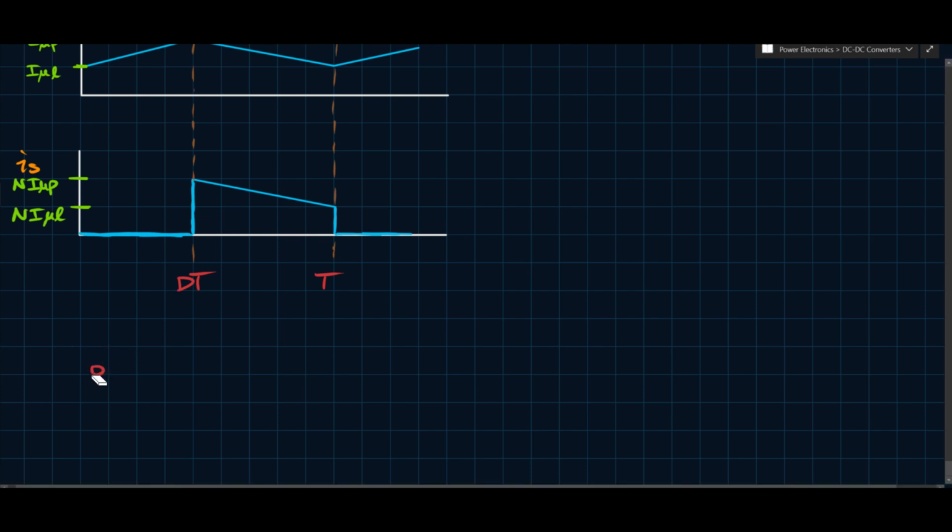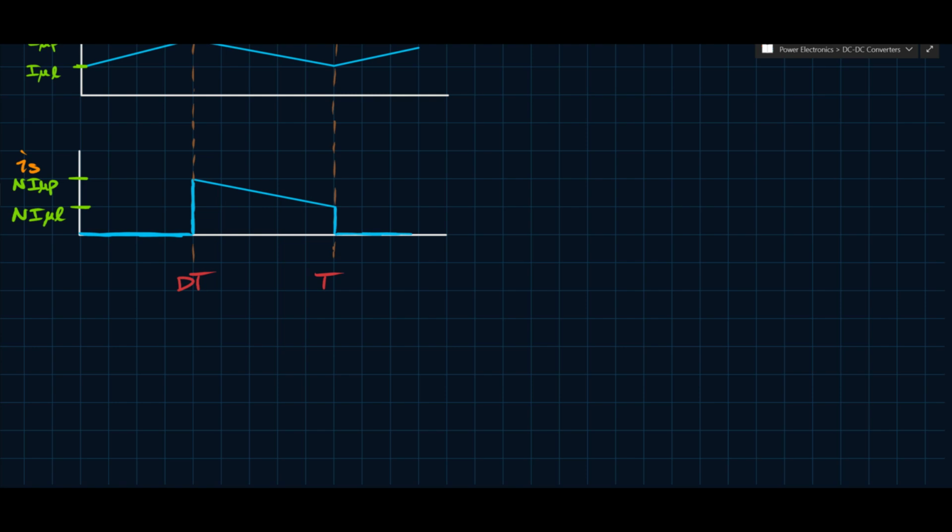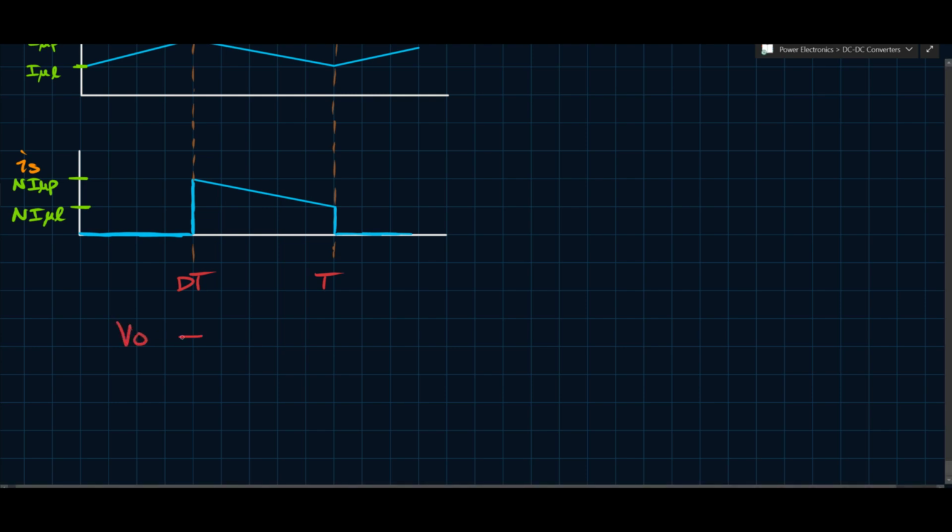If you're going to use the buck boost equations to analyze the flyback converter, you replace every VO with nVO and replace every IO with IO over n. So that's the output currents and the output voltage. That's what I'm referring to.